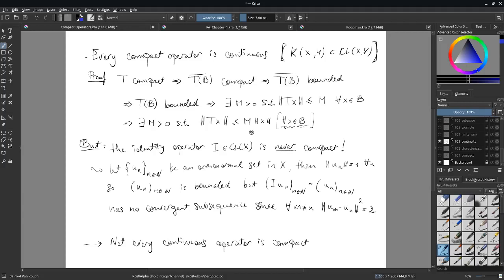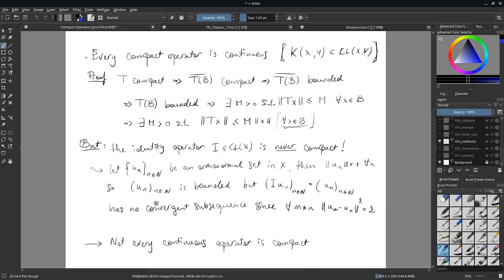This is one of the more important ones: the identity operator is never compact on an infinite dimensional space. We can see that by taking any orthonormal set in X, so we're immediately jumping to a Hilbert space, or at least an inner product space. Take an orthonormal set un, so they must have norm equal to 1.